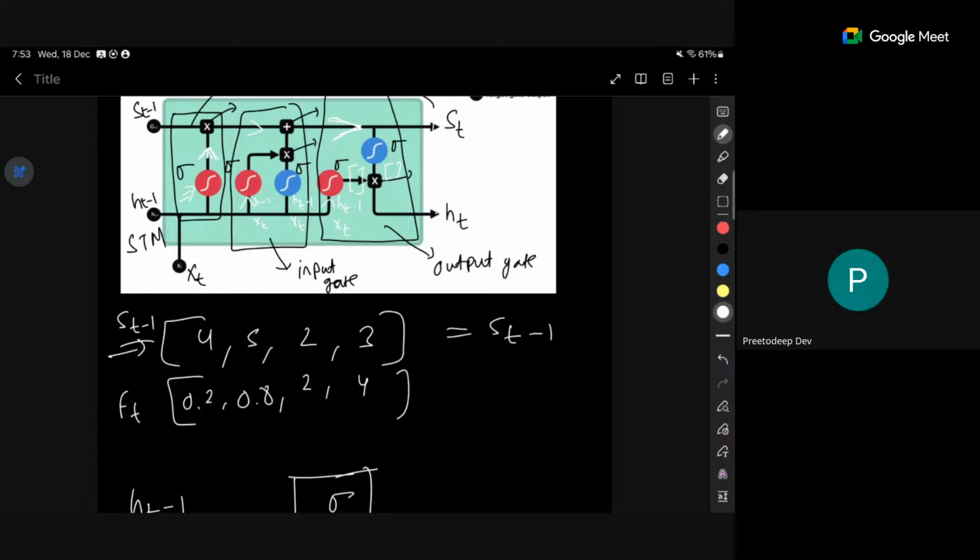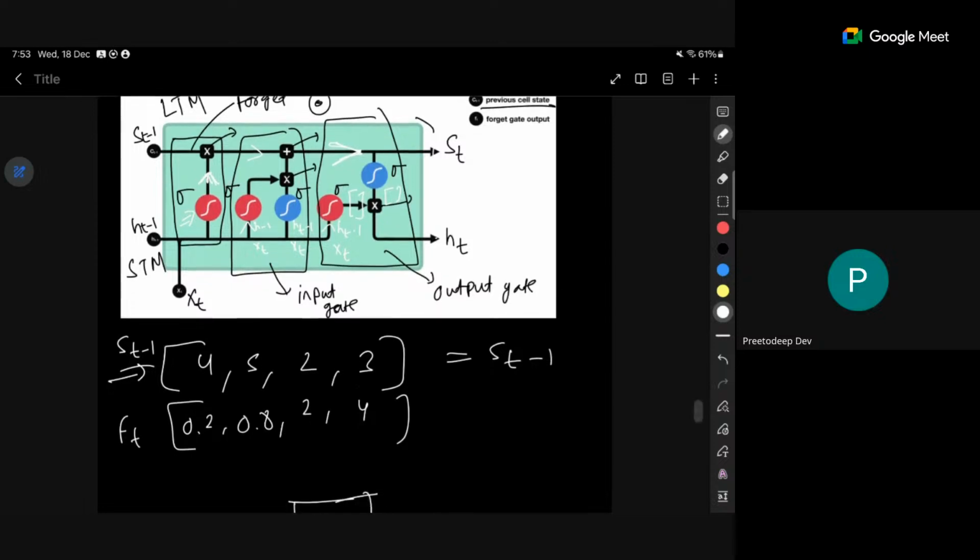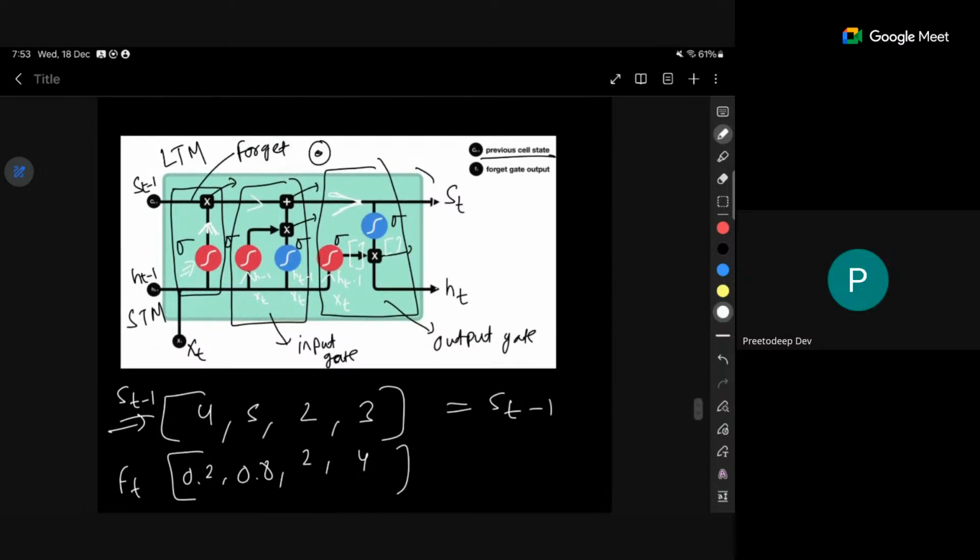I'll write all the equations together. That's what LSTM does: you forget something, you write something here, and then you give the output based on that. So this image is important.